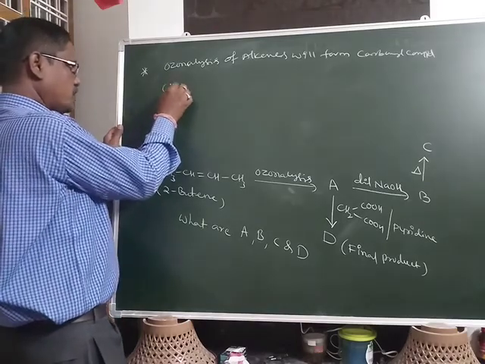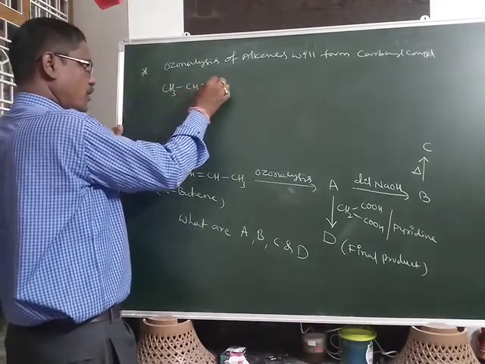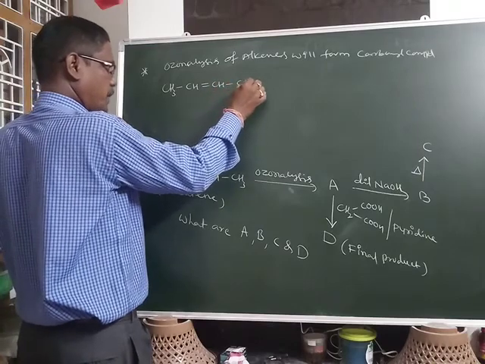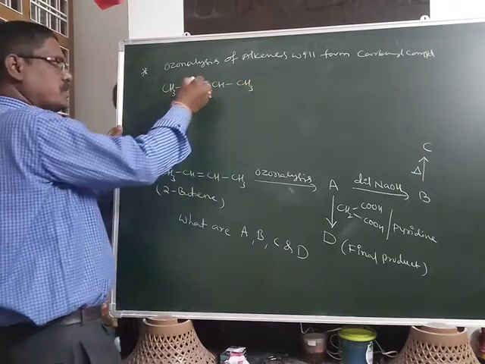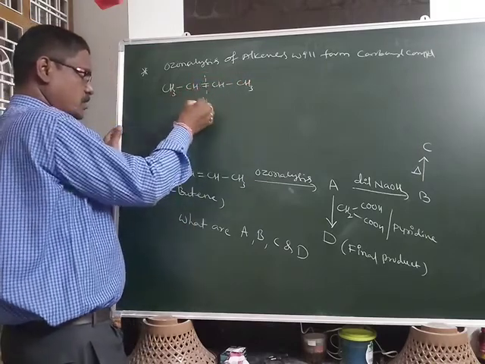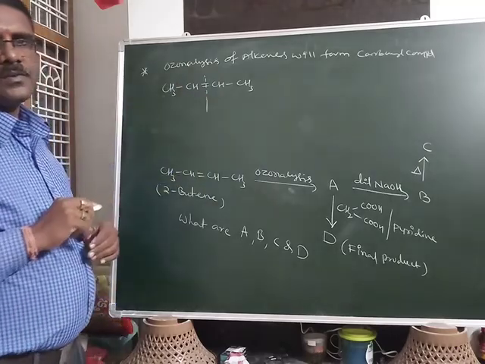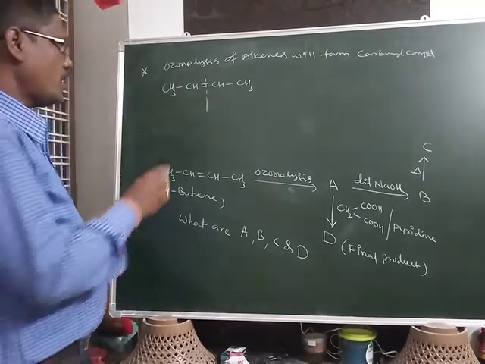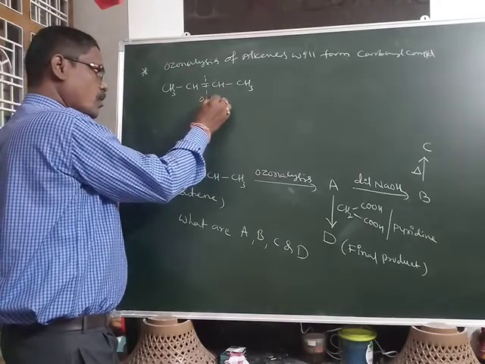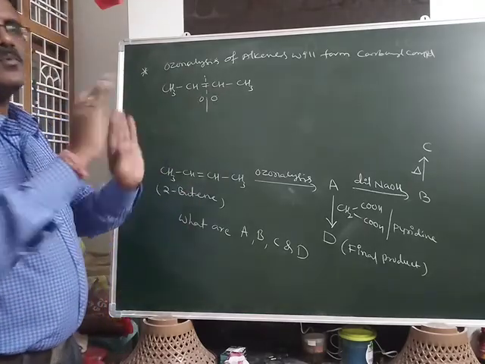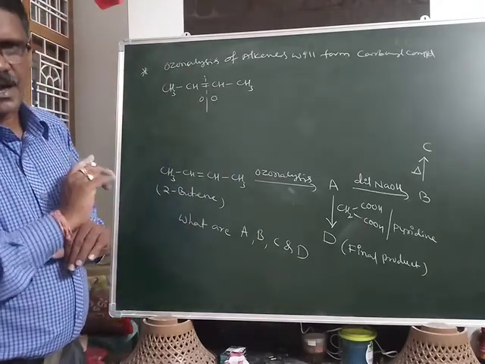So this is CH3CH=CHCH3. Ozonolysis means you cut the double bond and add oxygen to both carbons.